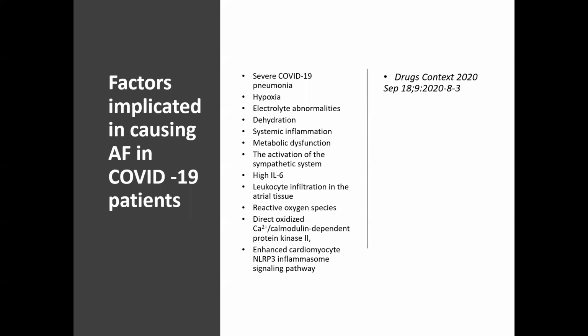COVID-19 who have severe pneumonia, who have hypoxia, electrolyte abnormalities, dehydration. That is one of the common causes that leads to hemoconcentration and increased thromboembolism. Systemic inflammation, we have already discussed how it precipitates the coagulation cascades.